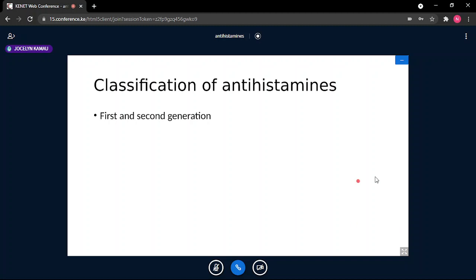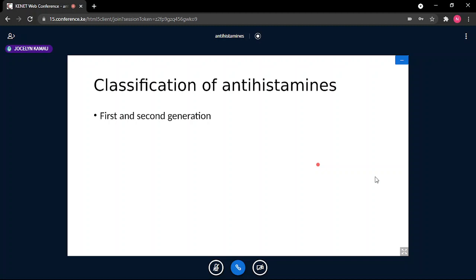So now we had gone up. I think now we can look at the classification of the antihistamines. Initially we classified the antihistamines according to generations. And just as we looked at the penicillins, the generations just represent when the drug was synthesized. Of course, the earlier generations, more often than not, have lesser potency and more toxicity than the higher generations.